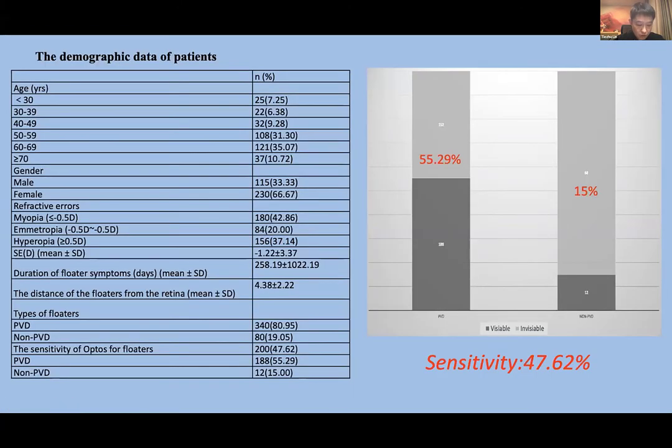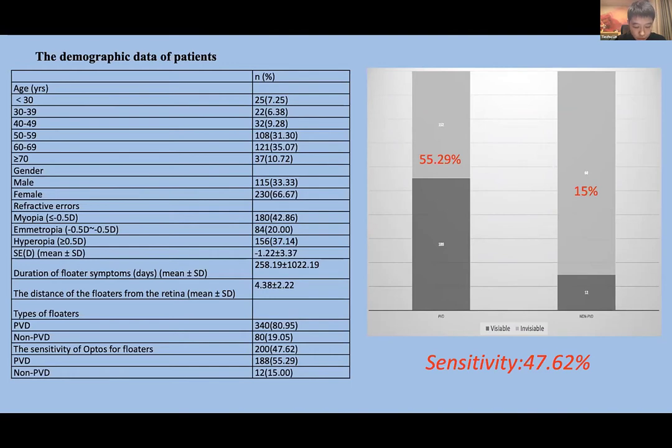In total, 420 eyes of 345 patients with vision-degrading myodesopsia were collected, and 340 eyes were PVD type. Another 80 eyes didn't have PVD. The mean age of our patients was 56 years old, and 67% were female.